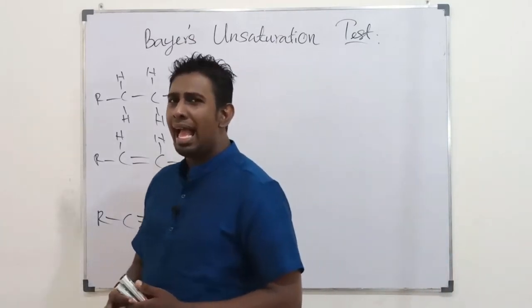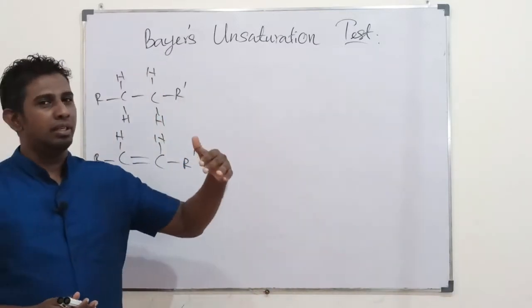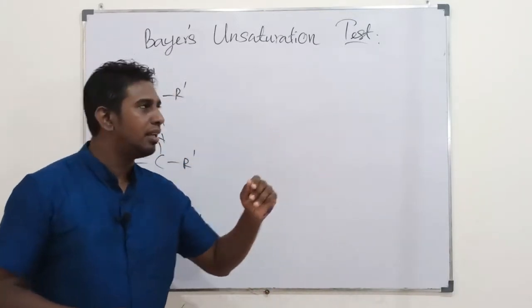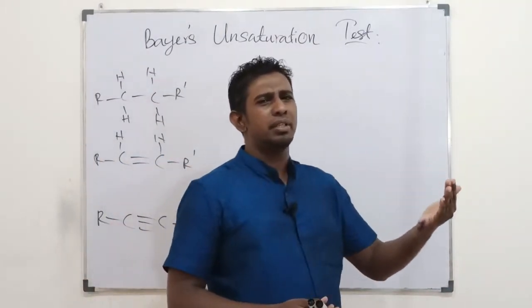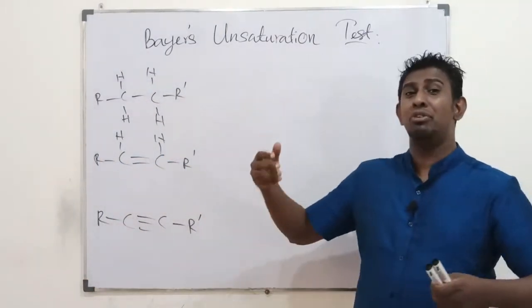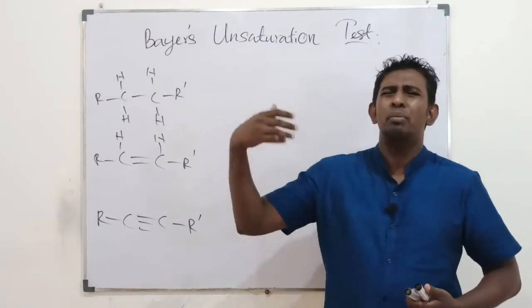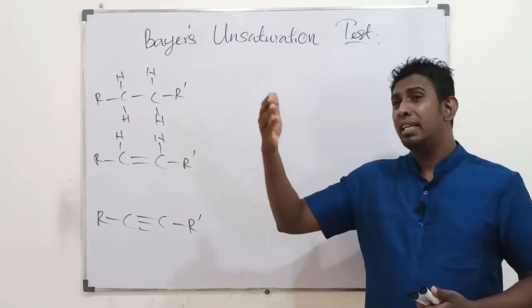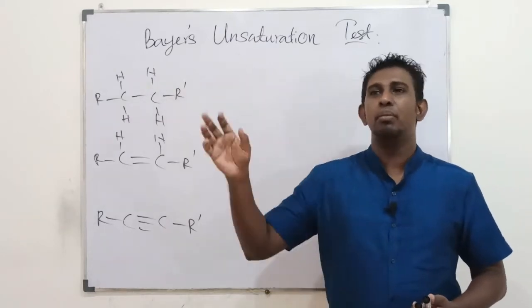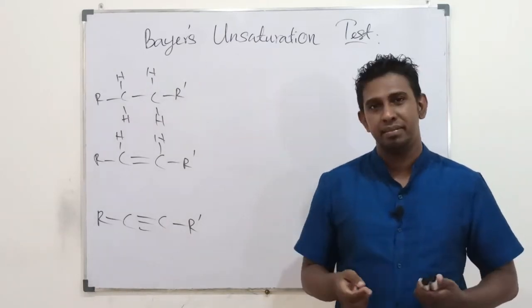But alkenes and alkynes could decolorize bromine water, but alkanes could not. Alkanes do not have any reaction with bromine water. Therefore, they do not decolorize. They just leave the color of bromine, brown color, as it is.